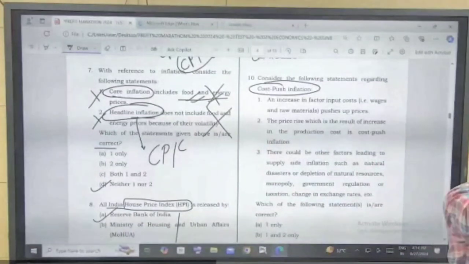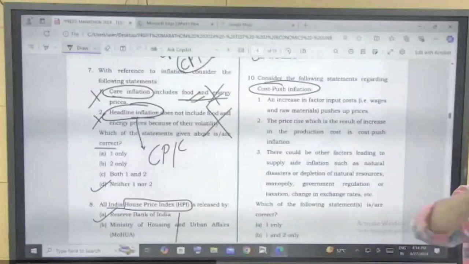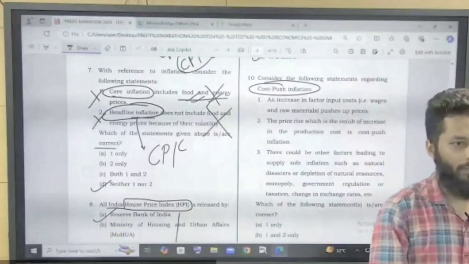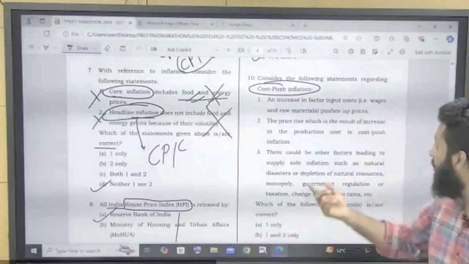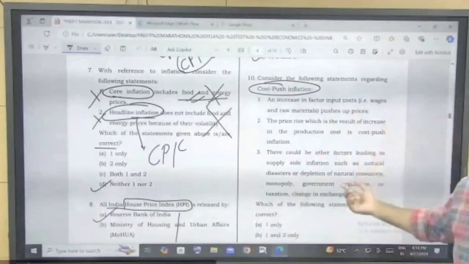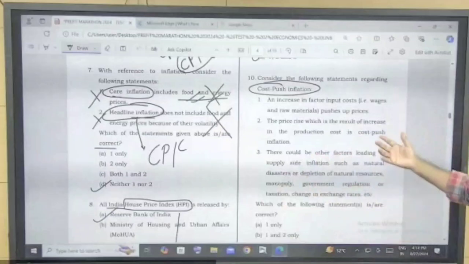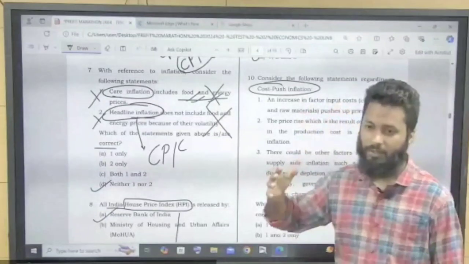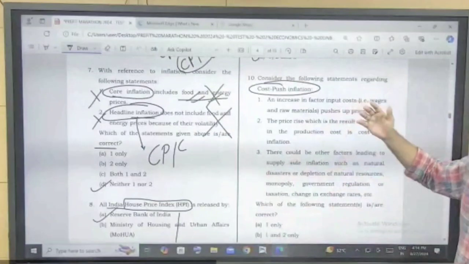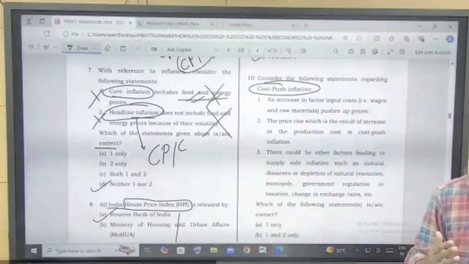If price rises, that is inflation, but that price has risen not because demand increased. It is increasing just because cost has gone up. So if cost has gone up, it is cost push inflation. And why has cost gone up?